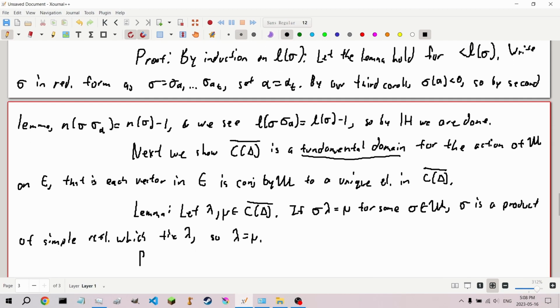The proof, once again, induction on the length of sigma, with the base case being trivial.